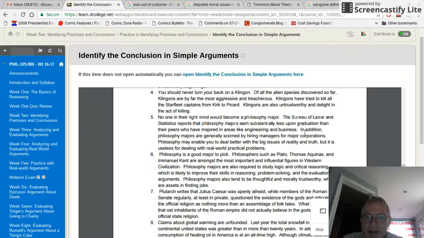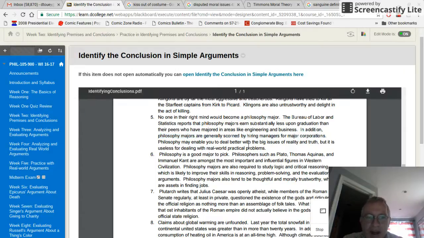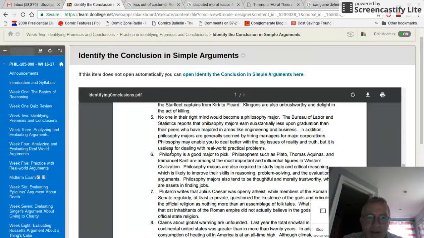And this premise here is actually false. And I think this one is false as well. But here we're not evaluating arguments. We are just trying to identify them. And I think this is clearly the overall point, the major conclusion, the thing that is actually supported, or purportedly supported, by the premises that follow.